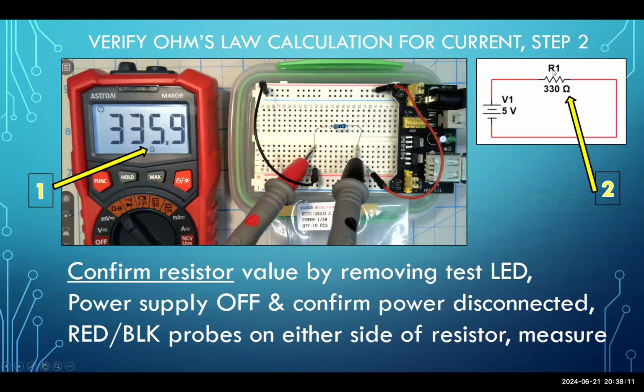Hopefully you have something close to 330 ohms, and this shows 335.9. We're close. It's not going to be 330 exactly, as I explained earlier, just as long as you have something reasonably close. And you record that value down. And notice that the plastic bag here shows I've pulled this resistor out of the 330 ohm bag.